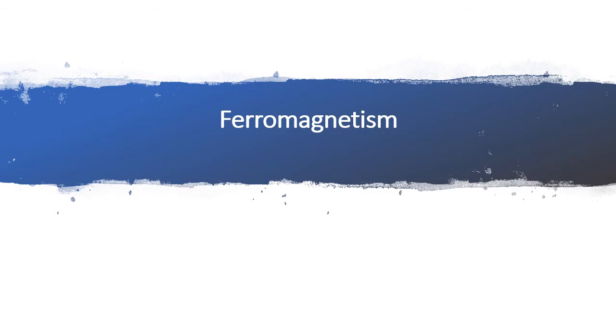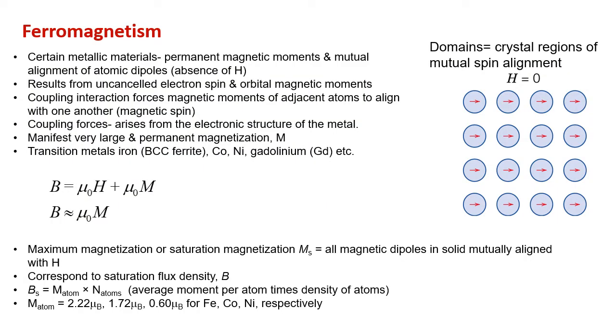Ferromagnetism. Certain metallic materials have this kind of property, which is ferromagnetism. It has permanent magnetic moments and mutual alignment of atomic dipoles, even in the absence of magnetic field H, which results from uncancelled electron spin and orbital magnetic moments. Coupling interaction forces the magnetic moments of adjacent atoms to align with one another.